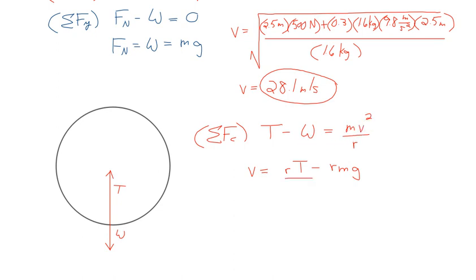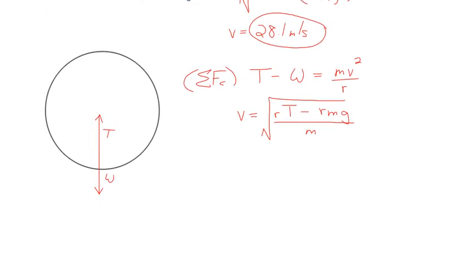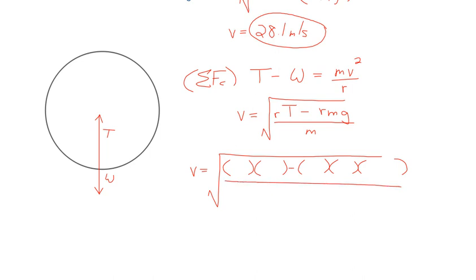Plugging in those numbers, that's going to give you the v. So we're going to get v equals the square root of rT minus rmg all over m.